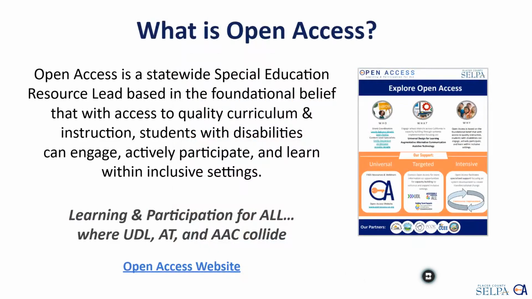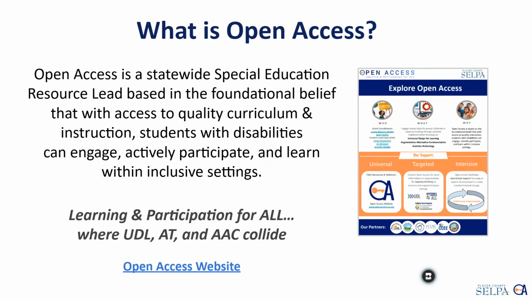Okay, so again, if you aren't familiar with open access, this is just a brief explanation of who we are. We are one of the statewide special education resource leads within the statewide system of support. We are grounded in the foundational belief that with access to quality instruction, all students can engage, actively participate, and learn within inclusive settings.